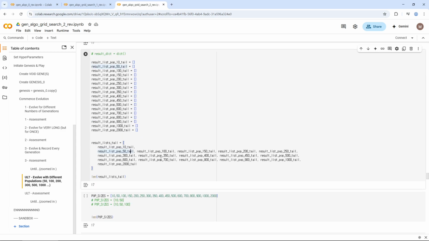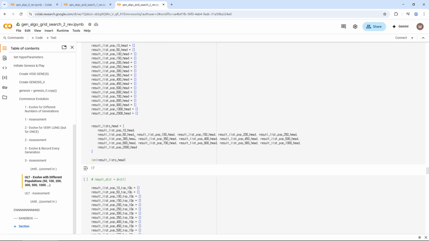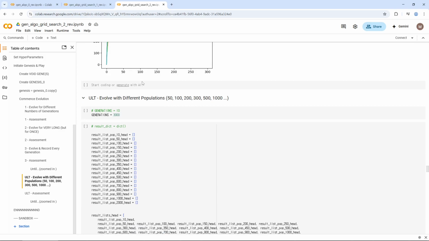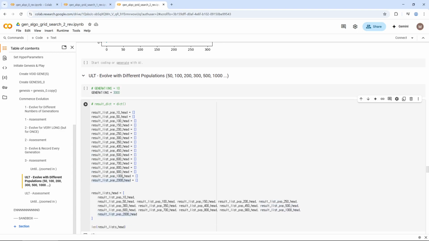So, yep, keep the scores grouped by the population size for 10, 50, 100, 150, all the way up to 1000. Well, I do skip some numbers, but from 1000 right up to 2000.